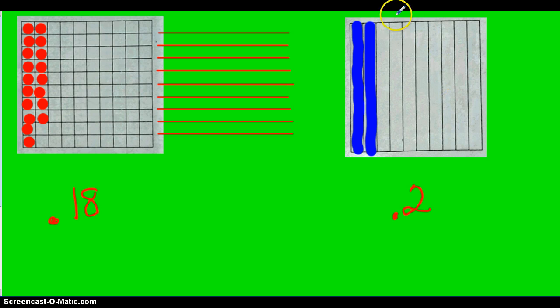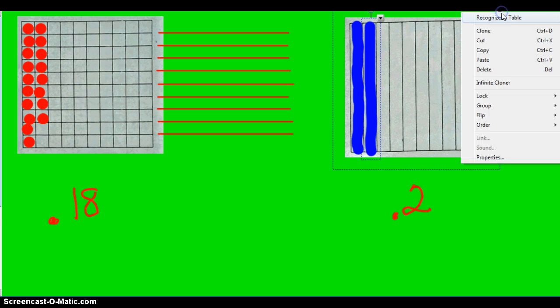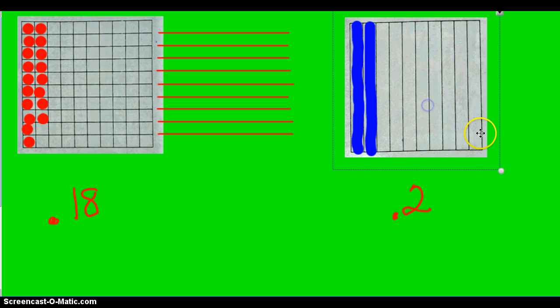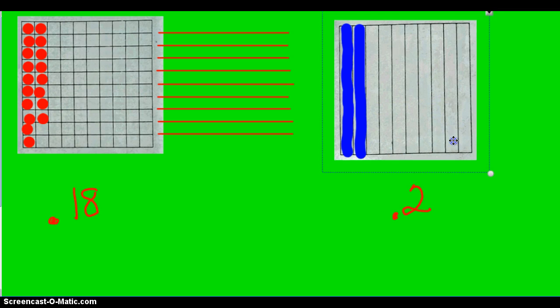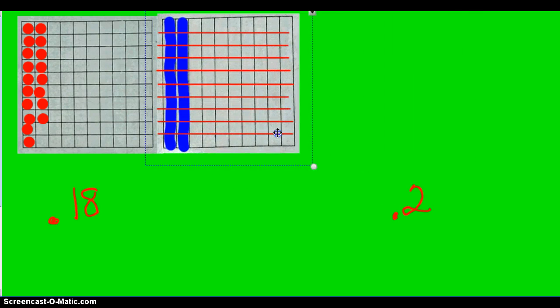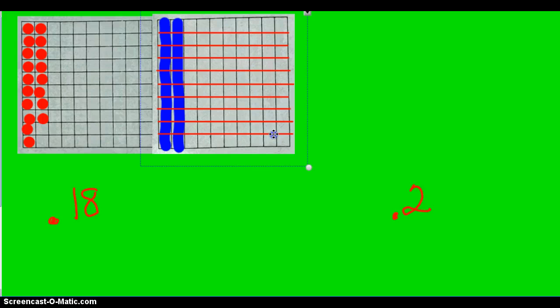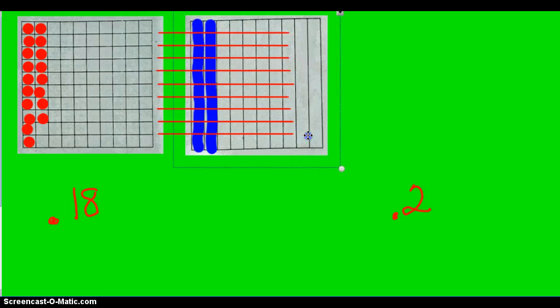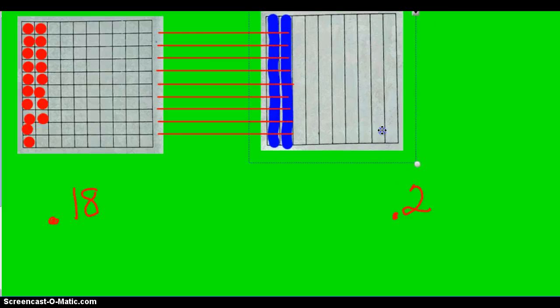So if we were to take this over here, and I've drawn some lines and you'll see the purpose in a minute, if I move these 2 tenths, you see these bars made 100 parts now from the 10 parts.